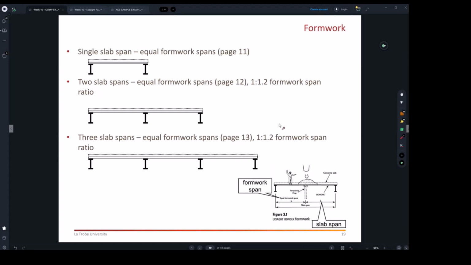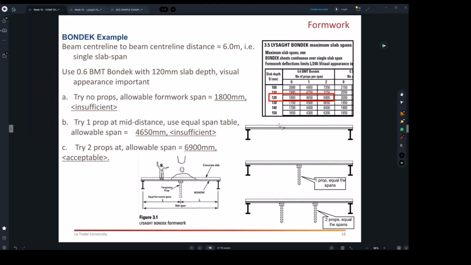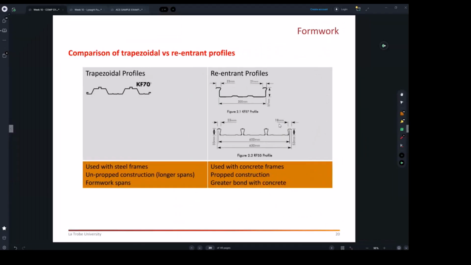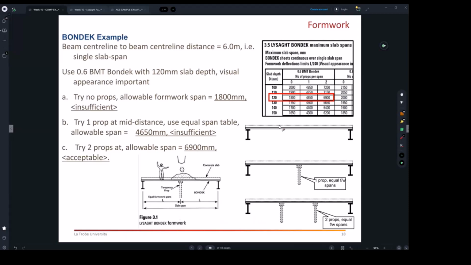And I think this slide is taking you through an example which I did for you. Any questions about what we just practiced here? This is just another example. Let's have a look at it. Beam center line to beam center line was 6 meters. Single slab span.